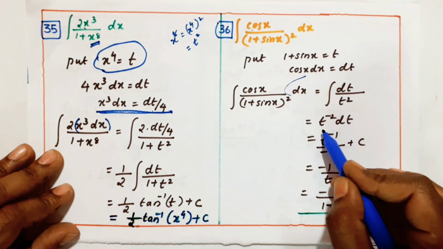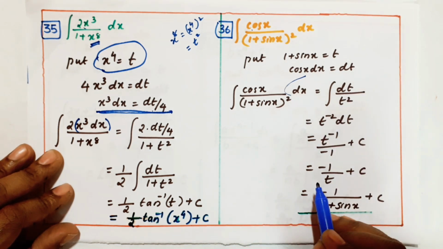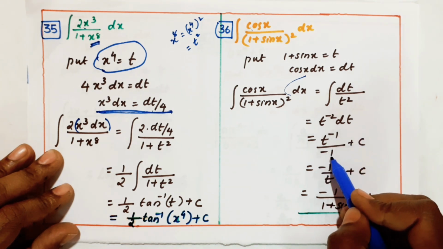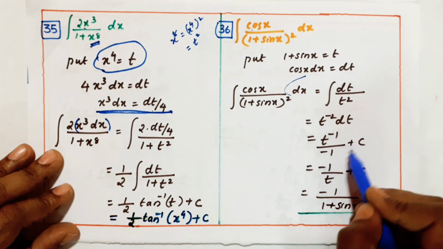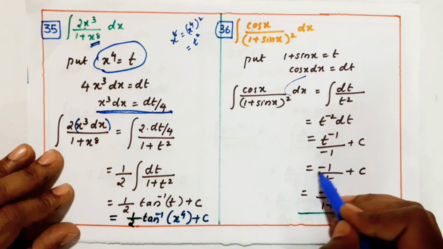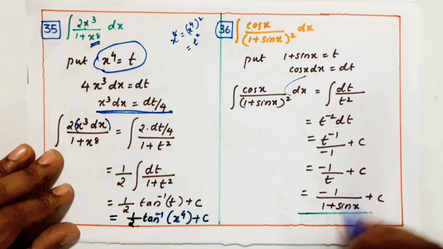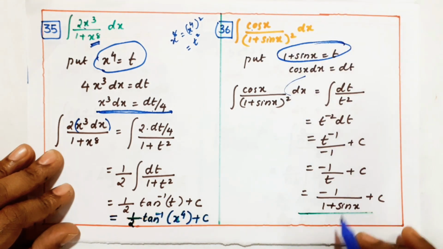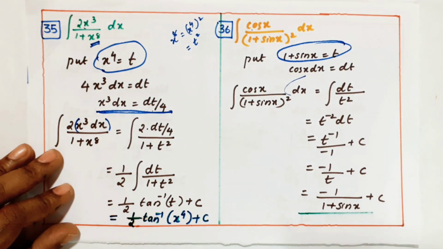T square will go up, so t power minus 2 dt. T power minus 2 integrates to t power minus 2 plus 1 by minus 2 plus 1, that is t power minus 1 by minus 1 plus c, that is minus 1 by t plus c. What is your t value? So it is minus 1 by 1 plus sin x plus c.